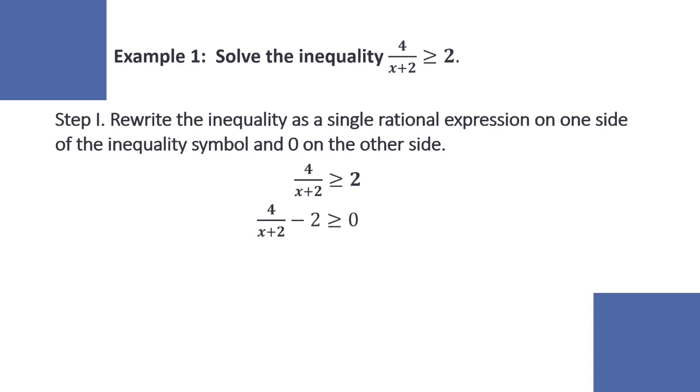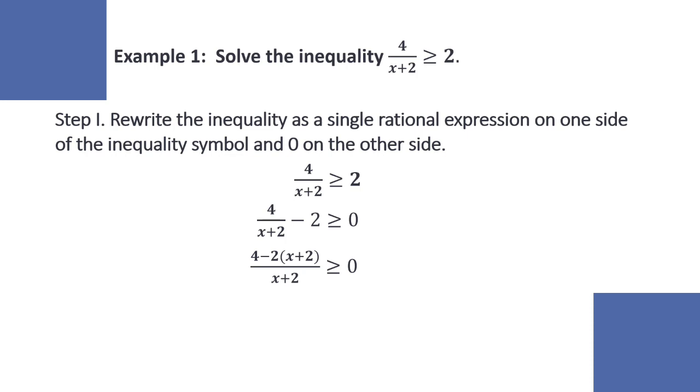We are going to equate the inequality to 0, so we are going to transpose 2 to the other side. So 2 becomes negative 2. So we have here 4 over x plus 2 minus 2 is greater than or equal to 0.